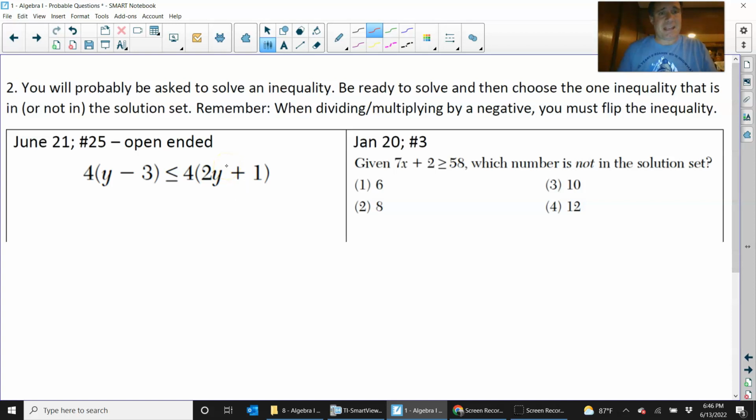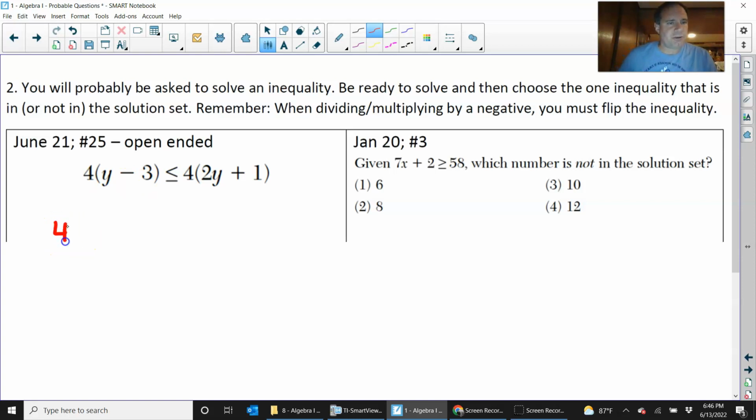You'll probably be asked to solve an inequality. So just be ready to solve one, and that is in or not in the solution set. Remember, when dividing or multiplying by a negative, you must flip the inequality. Very, very important.